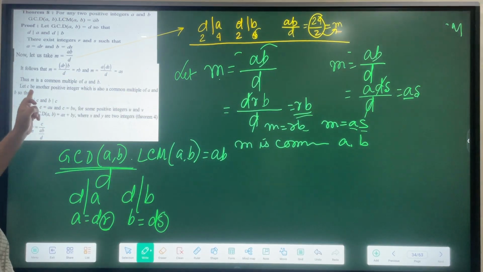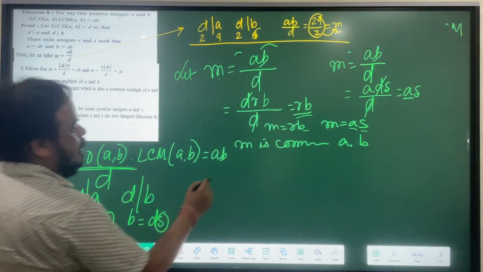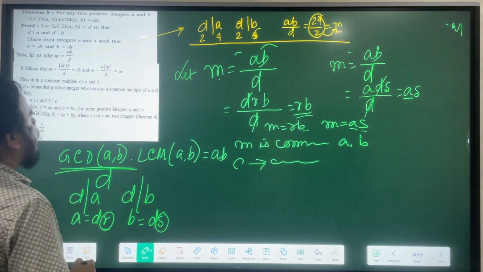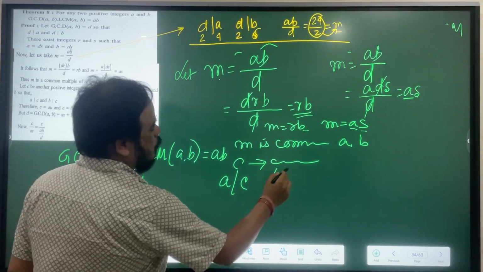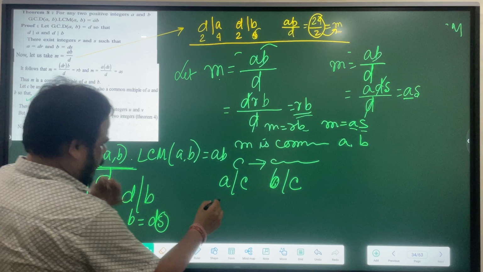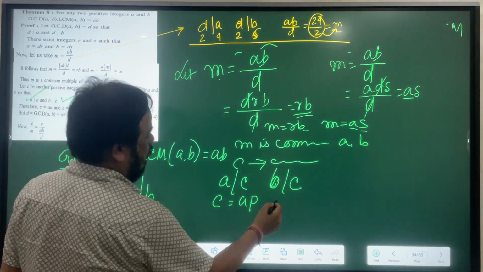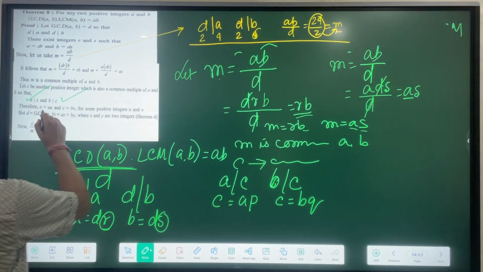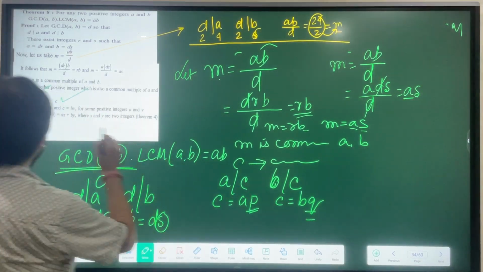Now let us take C to be another positive integer which is also a common multiple of A and B. So A divides C and B also divides C. So C equals AP, and C equals BQ, for some integers P and Q, any integers.